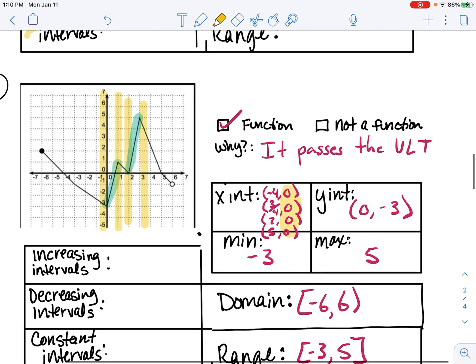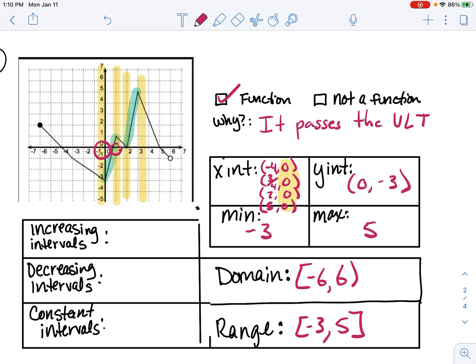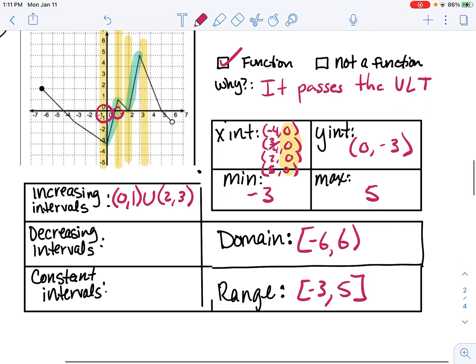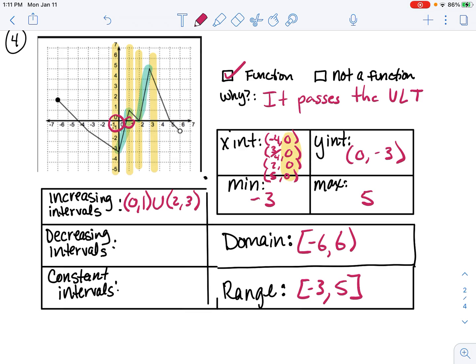And remember, we talk about it in terms of x. So it's 0 to 1, changing direction, so 0 to 1, and from 2 to 3. And these are parentheses because they're changing directions. It can't be increasing and decreasing at the same time.